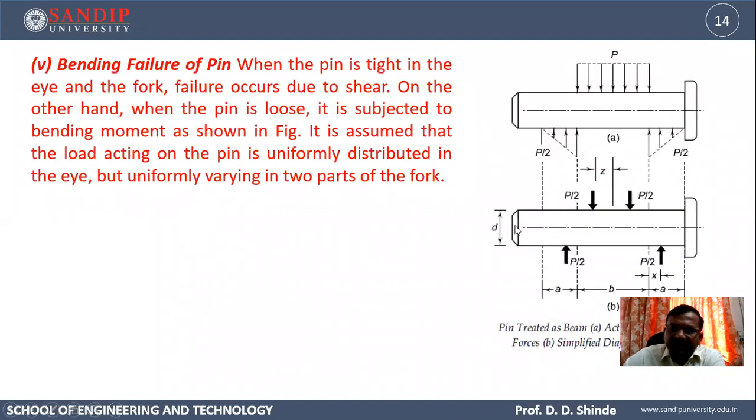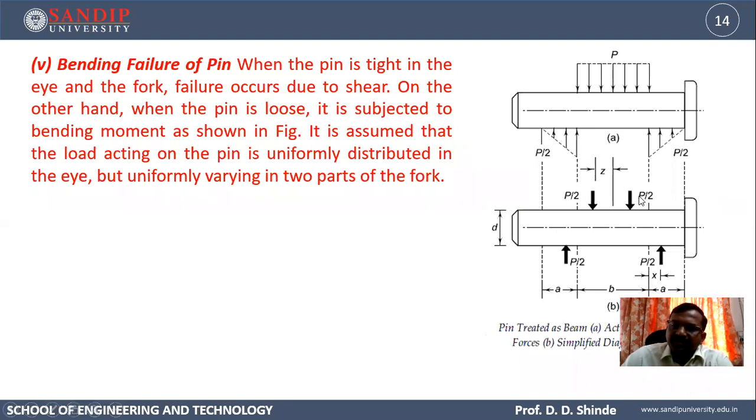Then bending failure of the pin. So the pin is subjected to three forces when you are giving the tensile force. The central portion of the pin, which is in the eye, will be experiencing the force P, which will be like UDL, and the upper and bottom portion of the pin, which is in the fork or the double eye, will be having the load P by 2 at both the ends, and this will be of the UVL type.